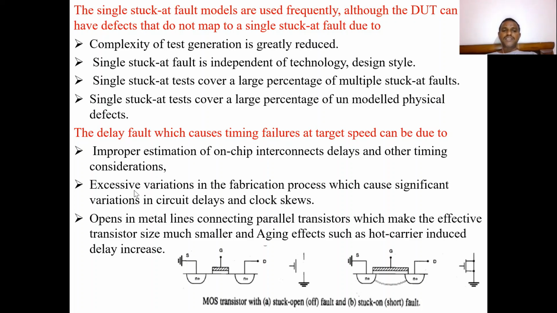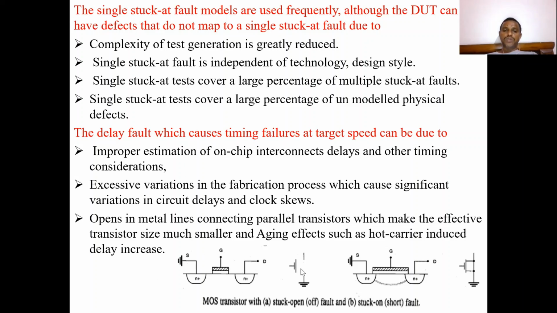Next is excessive variations in the fabrication process, which cause significant variations in the circuit delays and clock skews. Next is opens in metal lines connecting parallel transistors, which make the effective transistor size much smaller, and aging effects such as hot carrier induced delay. So these are the reasons why we get the delay fault, or the timing failure at target speed.